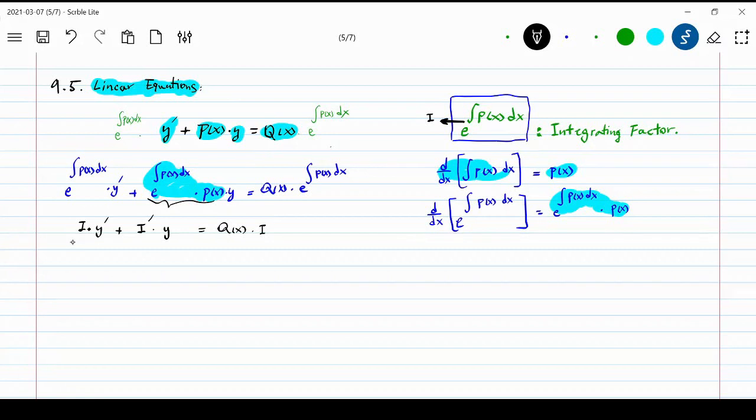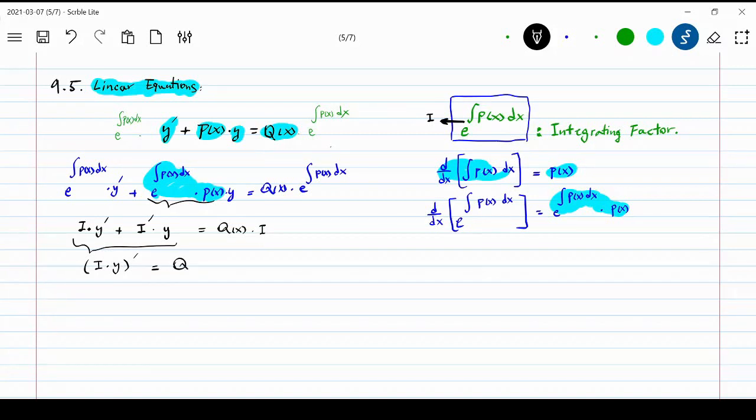I'm going to focus on the left side. What does this remind you of? This is basically the product rule. If you have I times y and take the derivative, it is the derivative of the first multiplied by the second, plus the first multiplied by the derivative of the second.